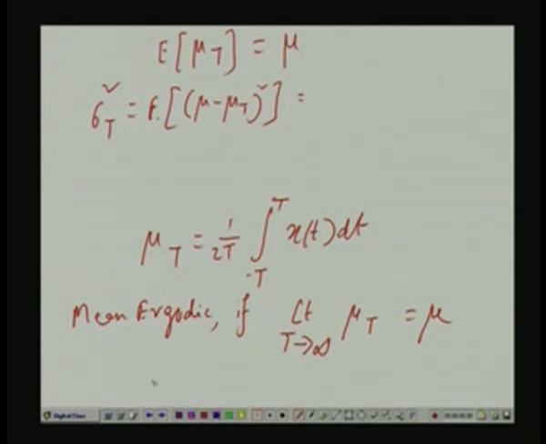Let us do this separately here. Mu T minus mu, it does not matter, because it is a square.